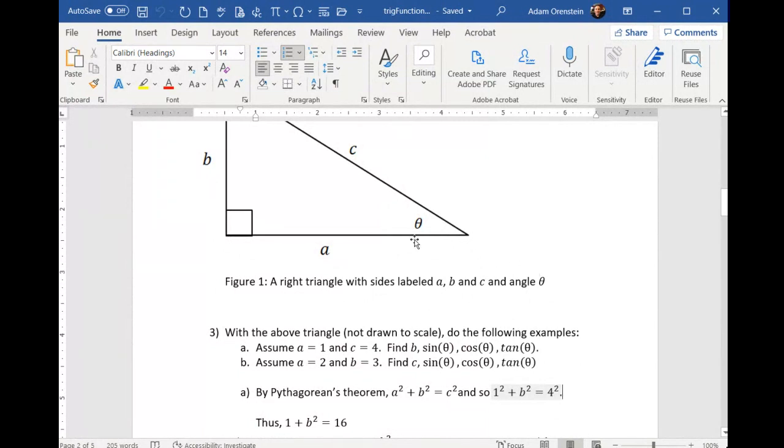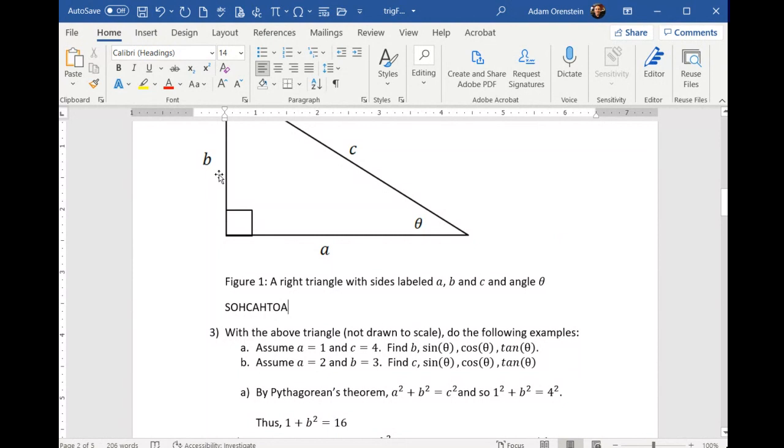All right, that's really the hard part, because once you know all the sides, you can get the trig functions easily. For instance, what is sine of theta? Well, remember, by SOHCAHTOA, sine is opposite divided by hypotenuse. SOHCAHTOA, right?